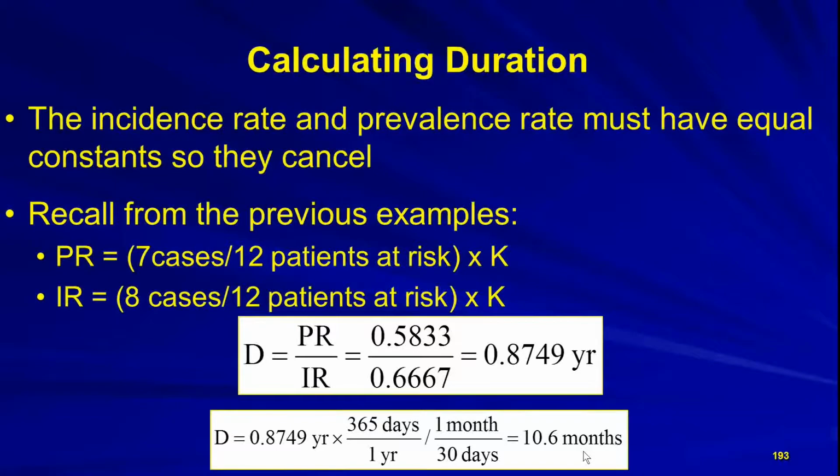It helps identify an unknown disease. So if we didn't know what the disease was, we could look through the Control of Communicable Disease Manual, and we could look for diseases that had a duration, because duration is listed, as well as incubation period, which I'll talk about later. But duration would help us identify what type of disease we are dealing with.